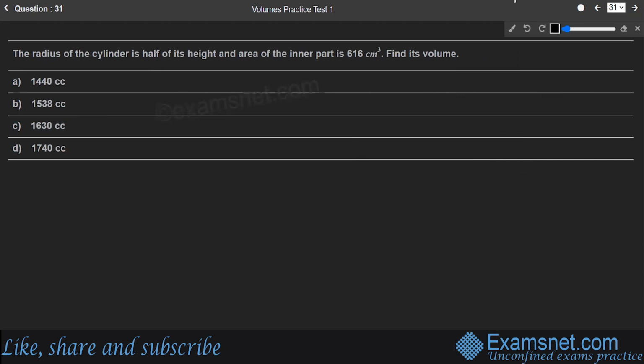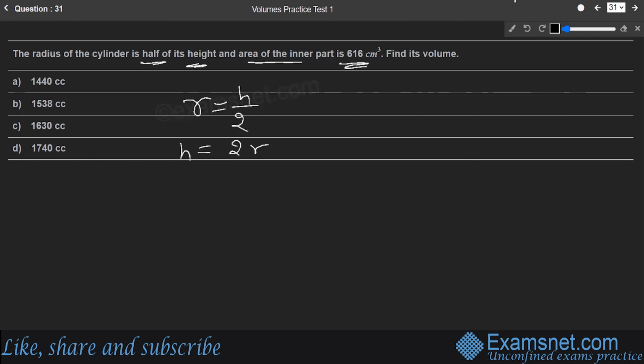Then he says the radius of the cylinder is half of its height and the area of the inner part is 616 centimeter cube. So let us understand. He says the radius is half of the height. So r is equal to h by 2, or we can write h value as 2r. Then he says area of the inner part.